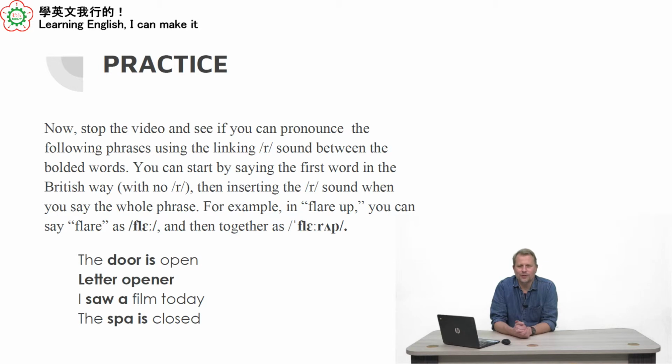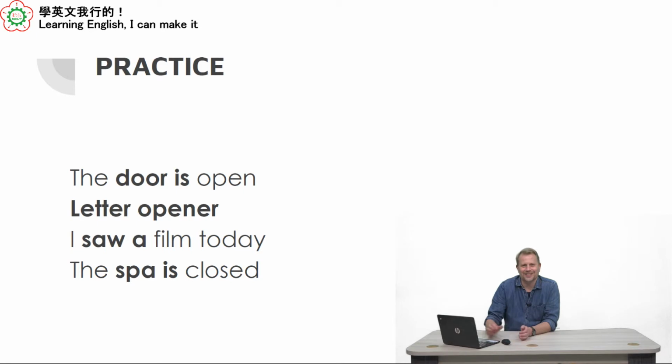The Americans already have the R. So again, you can practice saying flare in the British way, and then "flare up" with the R inserted. So do the same with these 4 examples at the bottom of the screen. And when you come back, I will go through each one and show you how it's done.